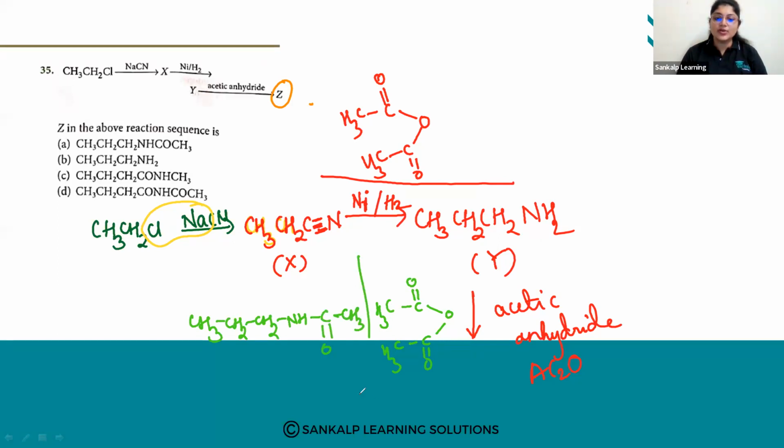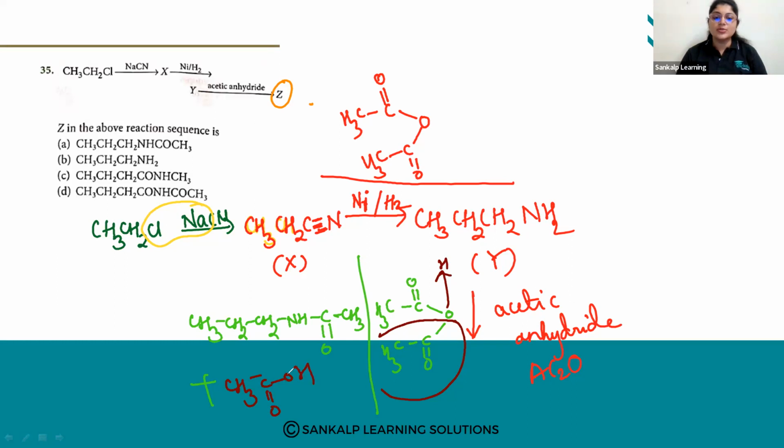This is the product you are going to get, plus one more mole, CH3COO, which gets combined with the H. So this will become CH3COOH.